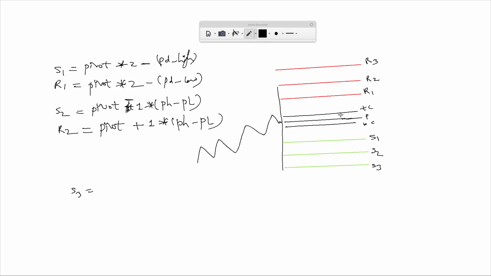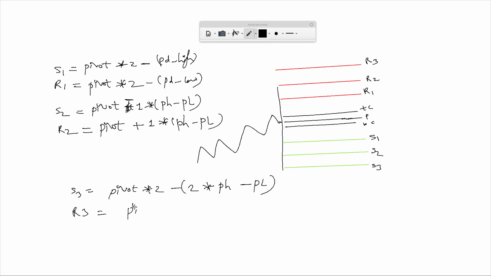So S3 is equal to pivot times 2 minus 2 times previous day high minus previous day low.